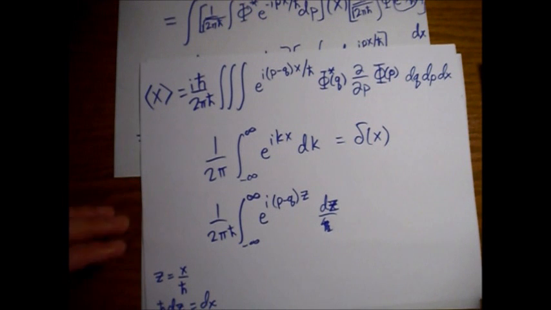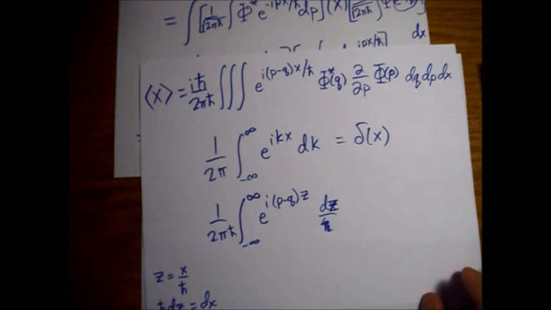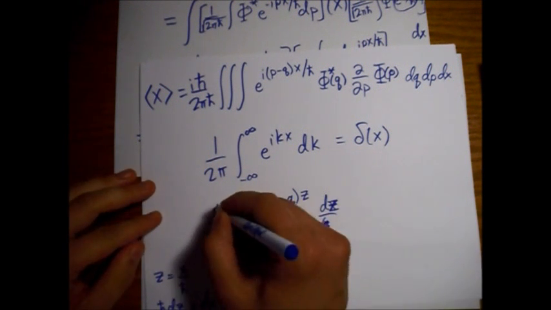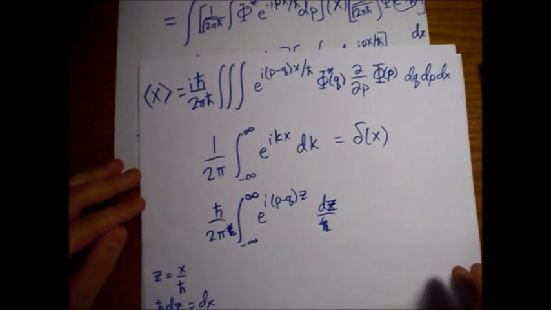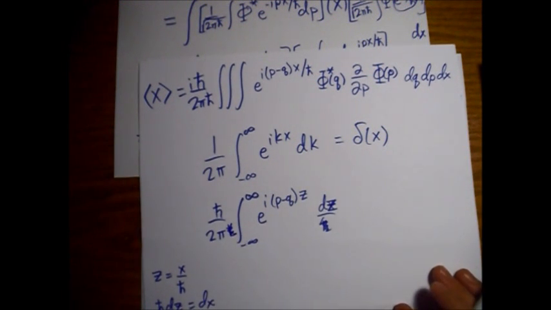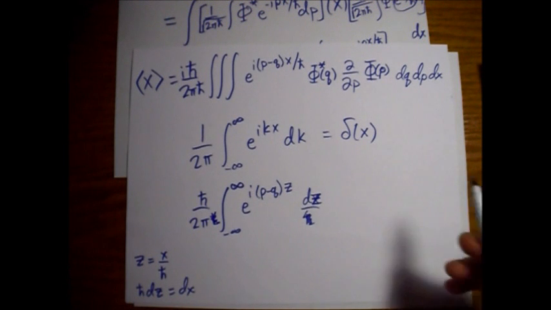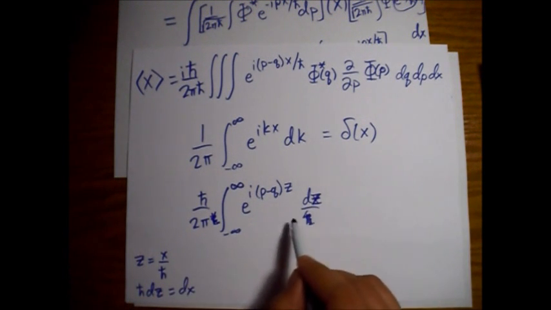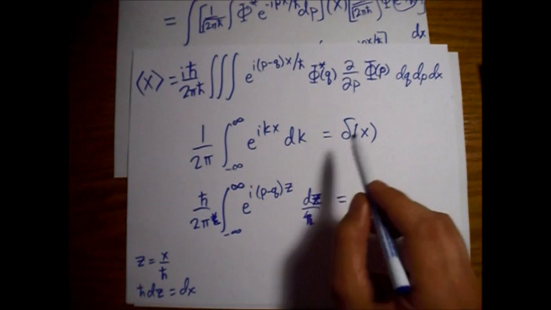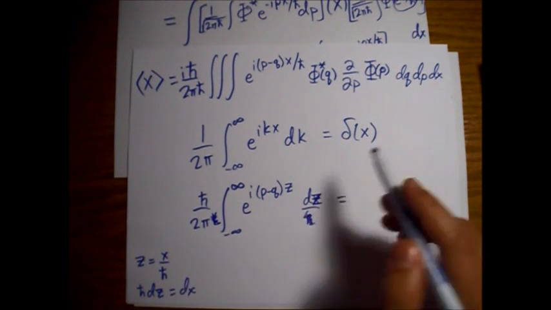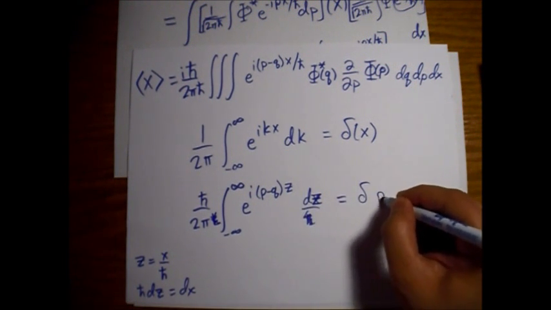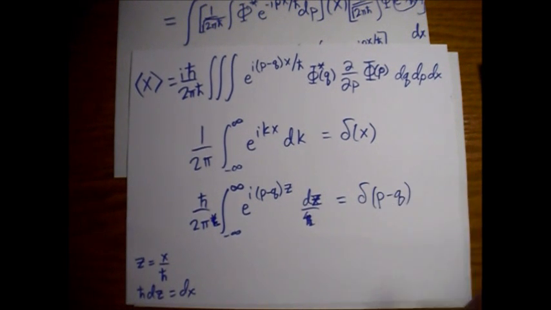So we still do have this factor of ħ. Is it multiplication by ħ? I'm so bad at my calculus. I think that's right. Okay, so we have a multiplication by ħ.